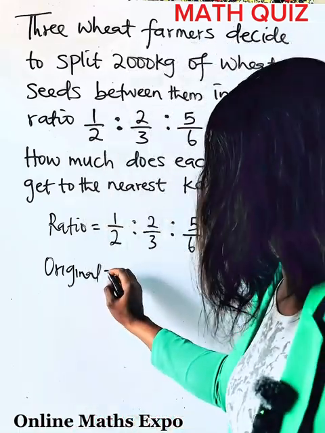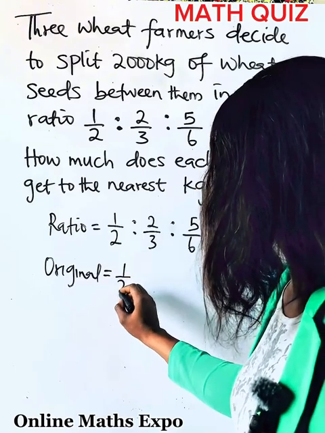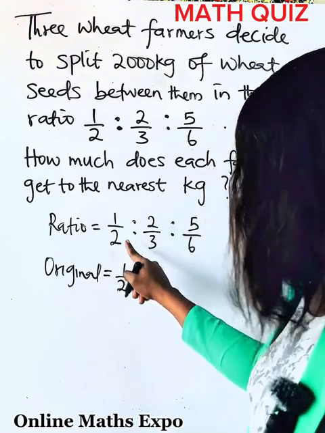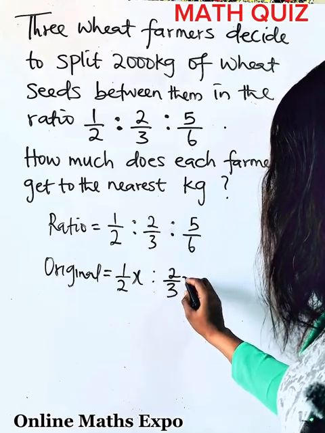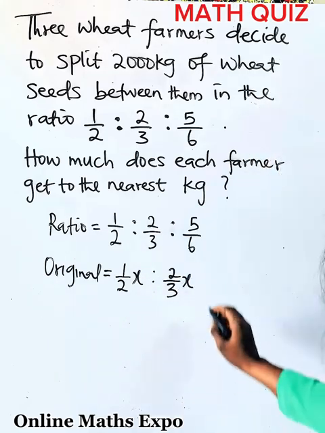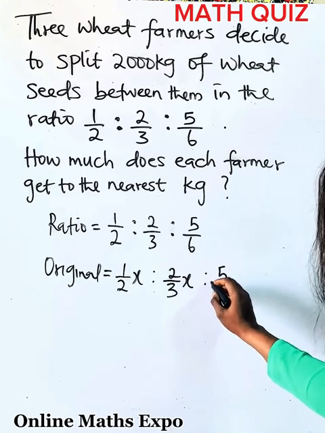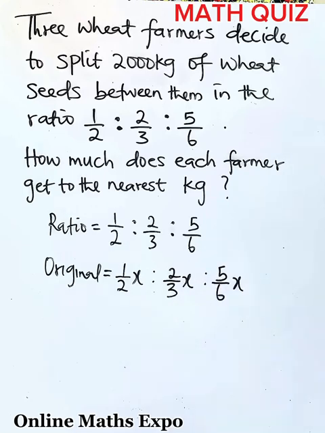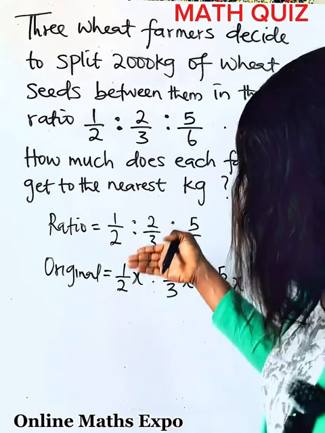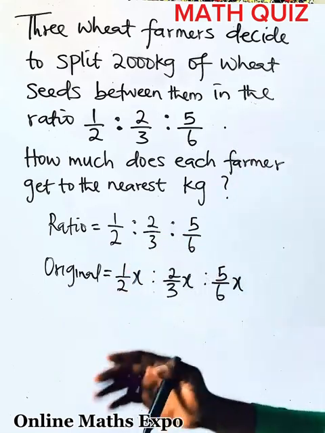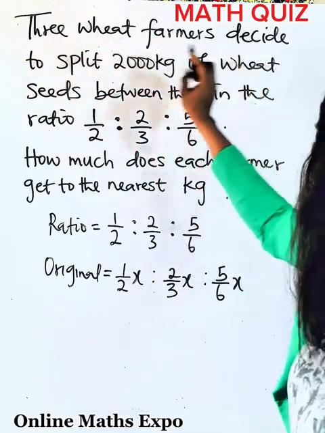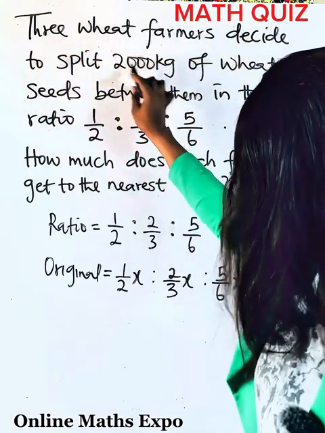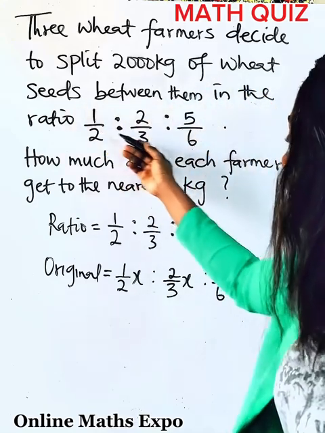So the original is going to be 1/2 multiplied by x. Then for this, you have 2/3 multiplied by x. Then we also have 5/6 multiplied by x for us to get back the original number. They said 3 wheat farmers decide to split this kilogram between them in this ratio.